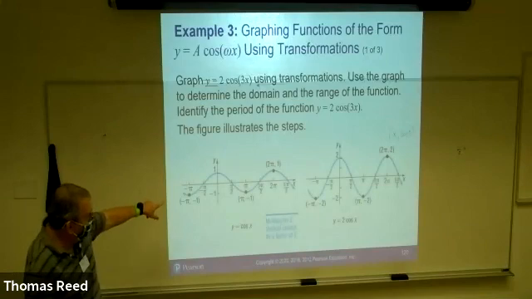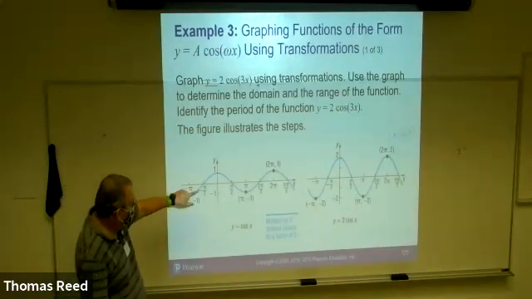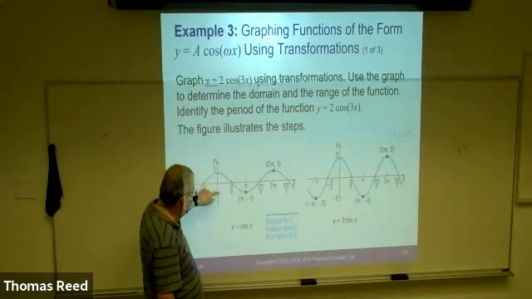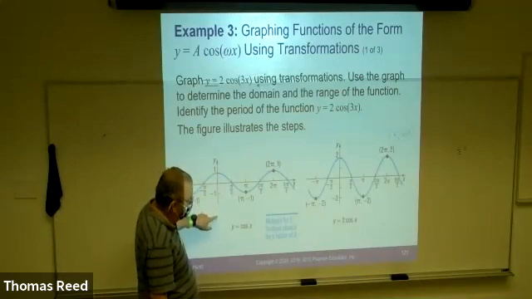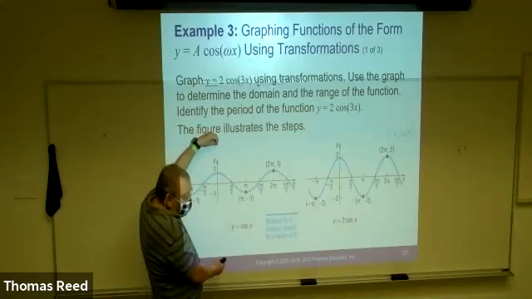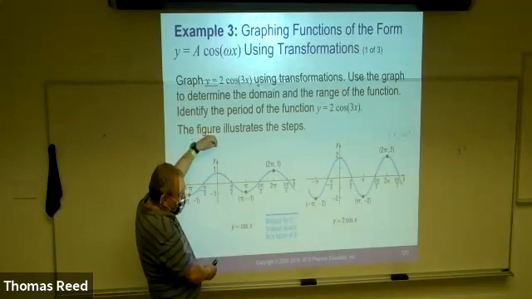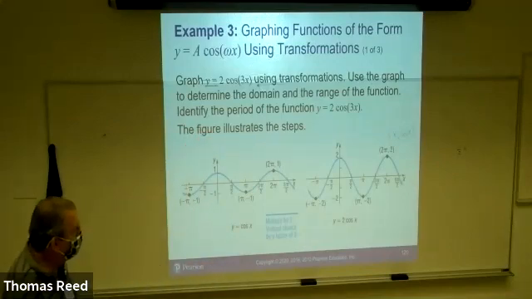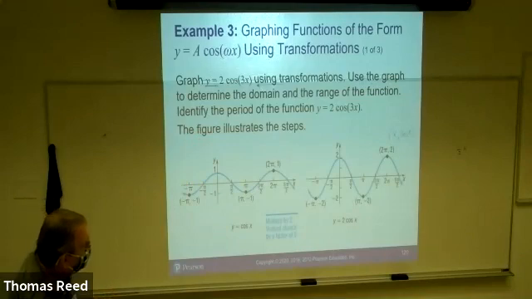So they did the vertical stretch first. So instead of going up to 1, now it goes up to 2. Instead of going down to -1, it goes down to -2. And so that just stretched it away from the x-axis by a factor of 2. And now we're going to look at multiplying x by 3.